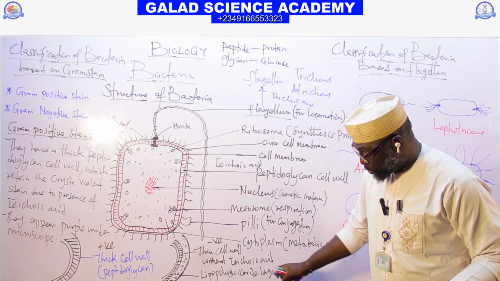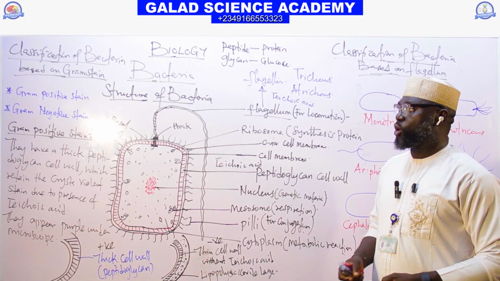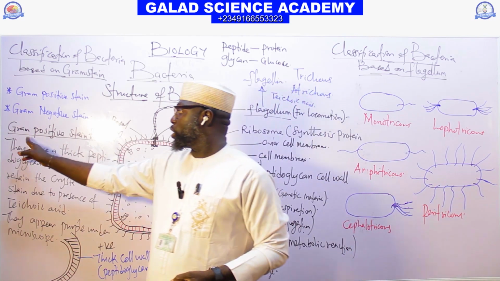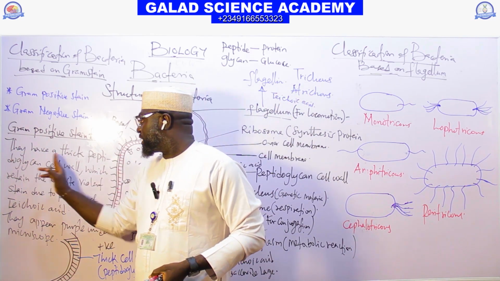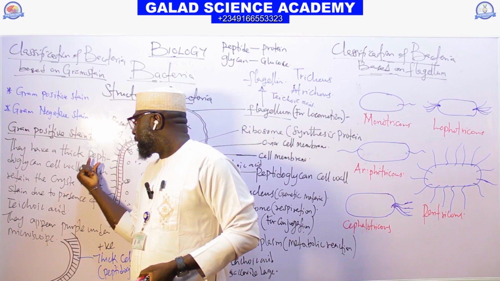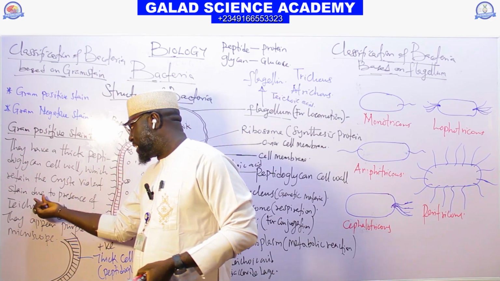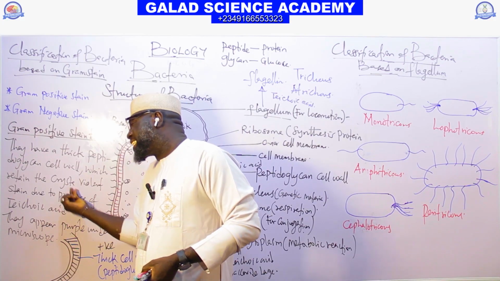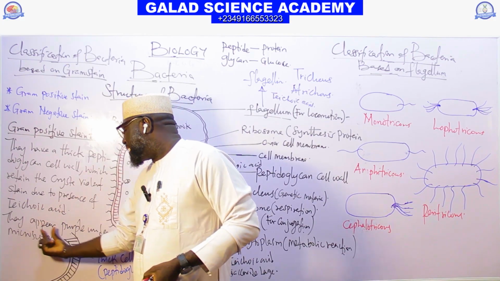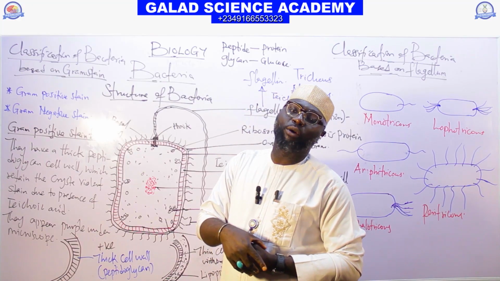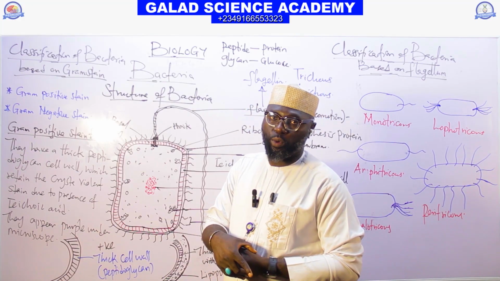An example of it is E. coli. So the negative stain bacteria is the inverse of this. Instead of a thick peptidoglycan cell wall, they have a thin one which cannot retain crystal violet stain due to the absence of teichoic acid, and they appear pink on the microscope.